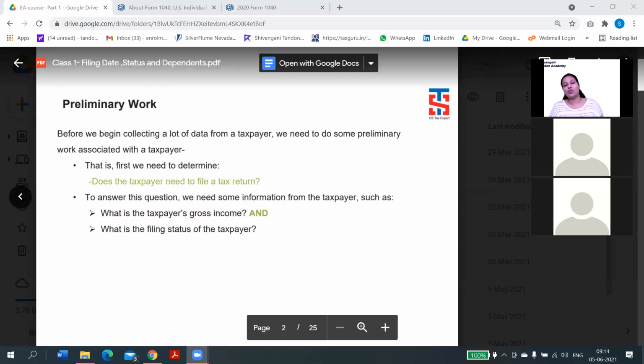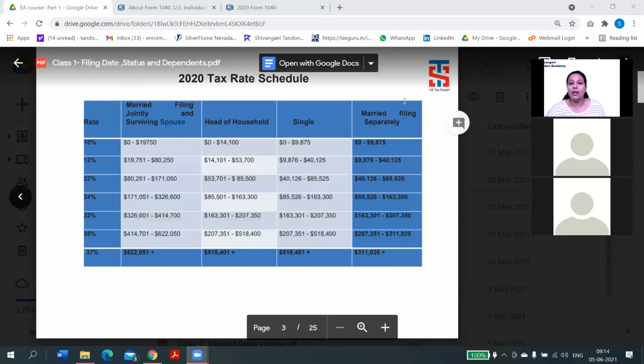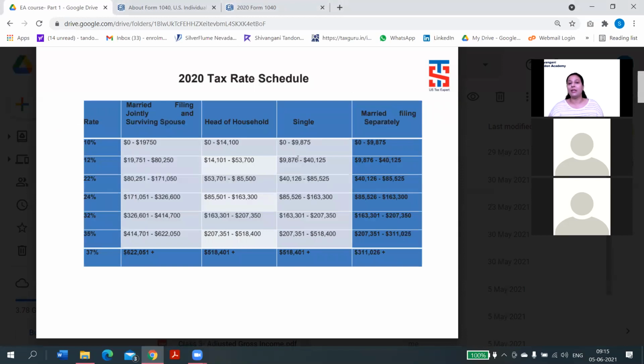To answer this question, we need to get some information from the client, like what is the gross income and what is the filing status. As I told you, if you have a client who has an income less than the standard deduction amount, you should not ask him to file the return.